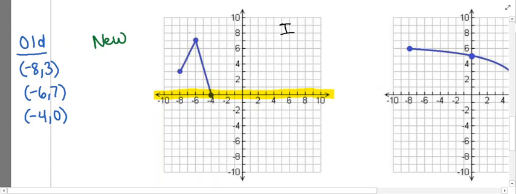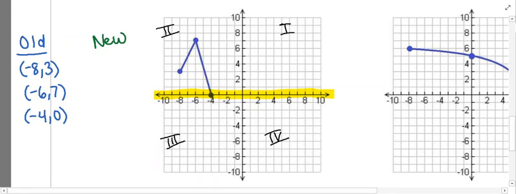Over here, this is the first quadrant. This is the second quadrant, this is the third quadrant, and this is the fourth quadrant. So if you visualize in your mind folding this sheet of paper along the yellow line here, the x-axis, quadrant 1 is going to come down and lie on quadrant 4. Similarly, quadrant 2 is going to come down and lie on quadrant 3.